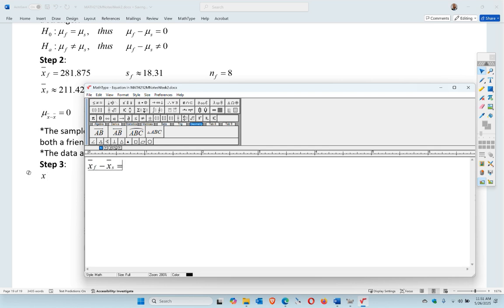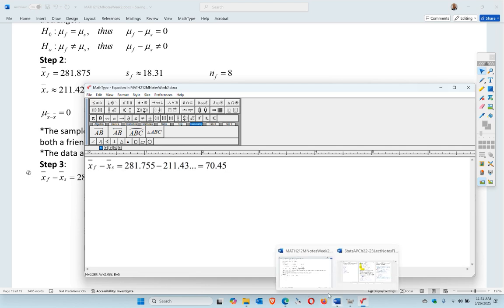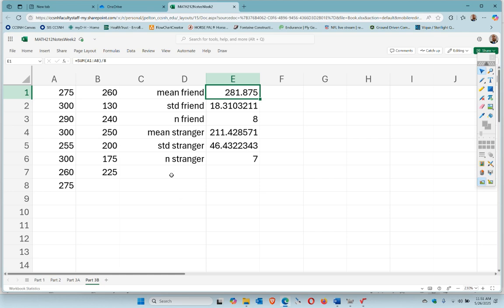So it would be the 281.755 minus the 211.43 dot dot dot, right? So that's about 70.45-ish, right? Like approximately, or maybe it's exact. Let's take a look. All right, so this one minus this one, yeah, well, 4 or 5 is close enough.